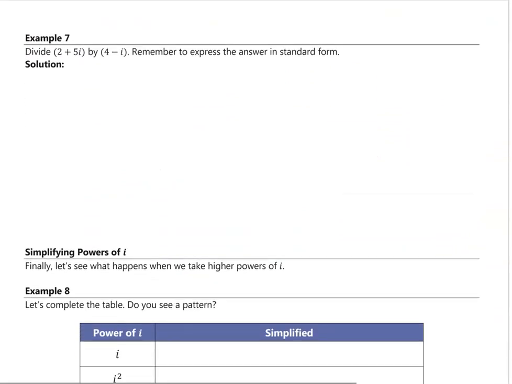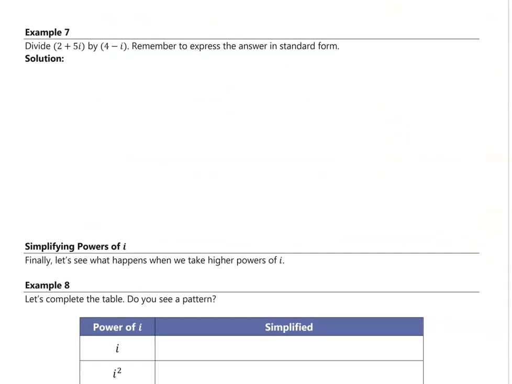Next, divide 2 plus 5i by 4 minus i, and remember to express the answer in standard form. So with this, I'm going to rewrite it here: 2 plus 5i over 4 minus i. So what do we do here?